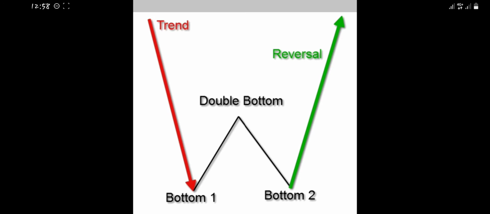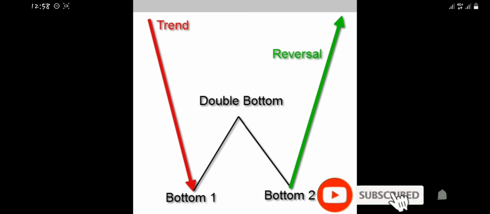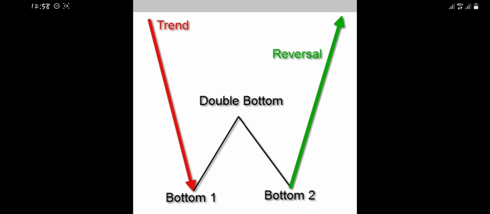Double bottom is basically a structure used to know when a trend is coming to an end and a new trend is coming up. Maybe, for example, a downtrend is changing gradually to an uptrend. When trends are changing, chart patterns are most times what denotes the change of trend.